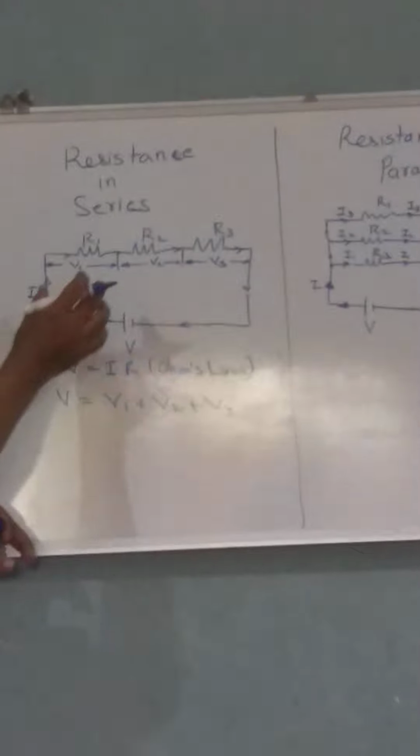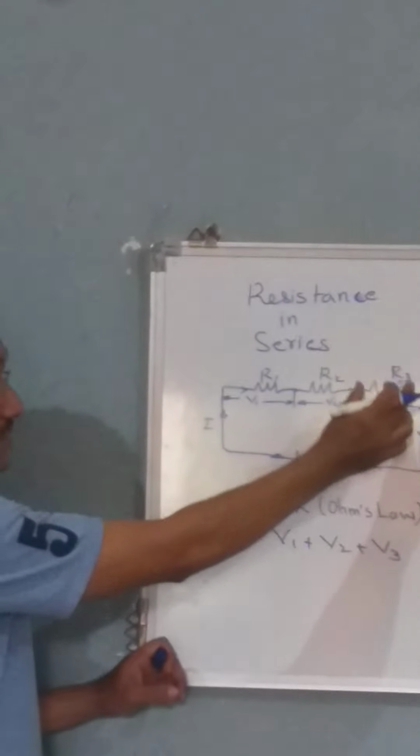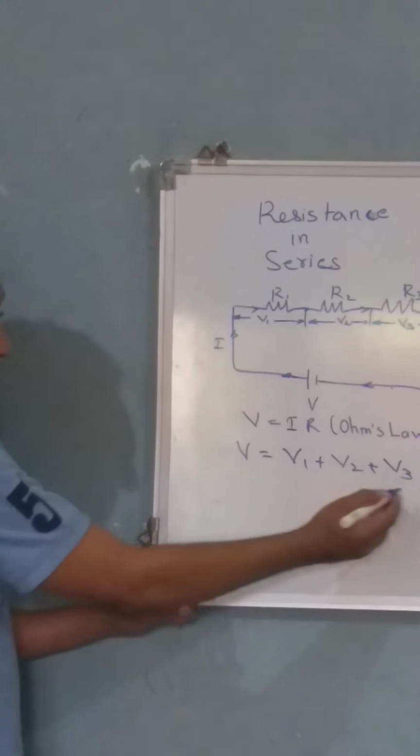This is the total voltage when the smaller voltages, V1 across R1, V2 across R2, and V3 across R3, are combined.